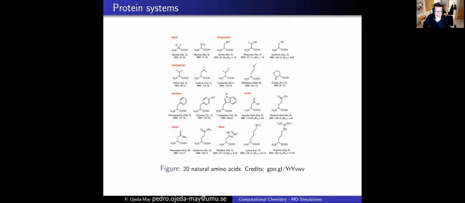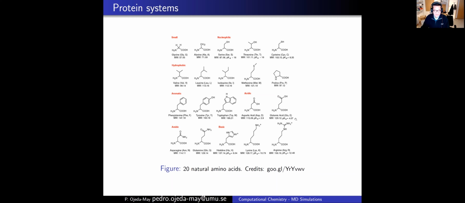So in a particular system like a protein, we have 20 so-called amino acids in nature. And this is where I mentioned the modified amino acids before, because sometimes you need to add something to the natural amino acid. The parameters for all these 20 amino acids have been well studied, and we can use that.